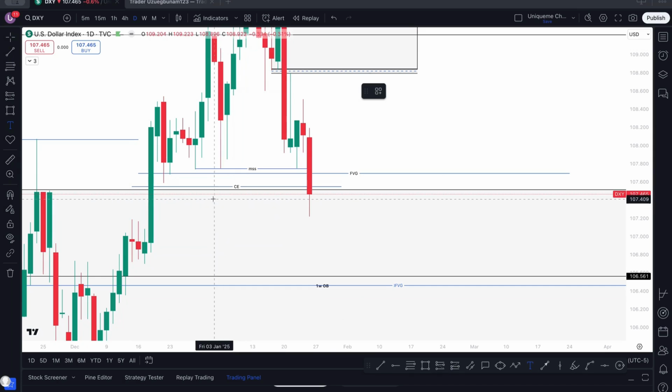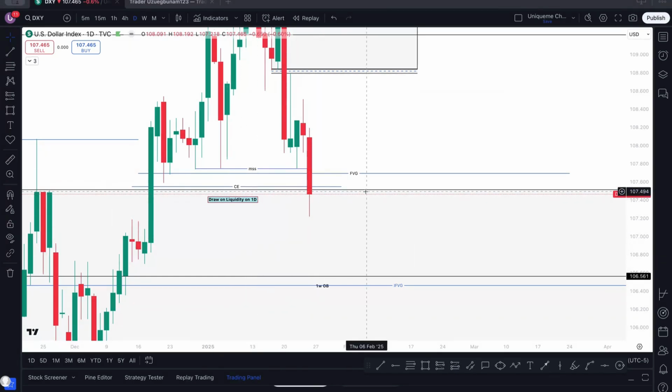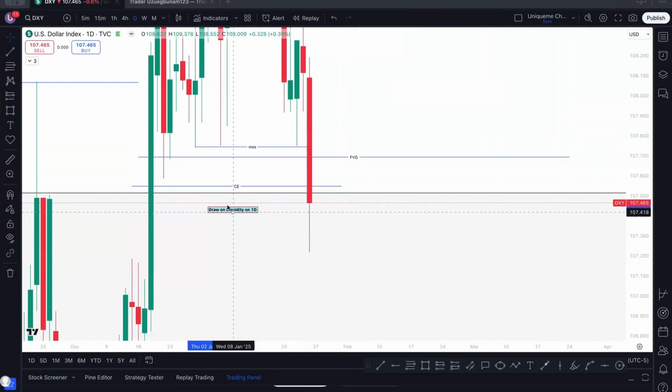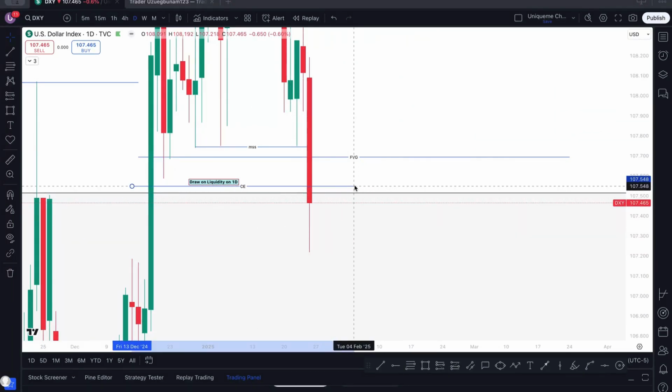So I'm going to label this draw on liquidity on 1 day. Draw on liquidity on 1 day. That is this line, this consequent encroachment here. So it's draw on liquidity on 1 day that we actually see there, right?